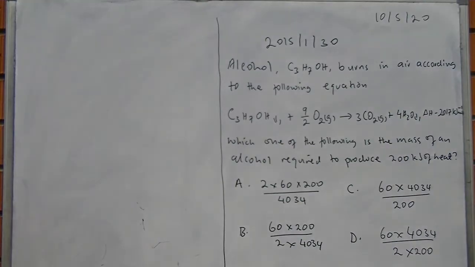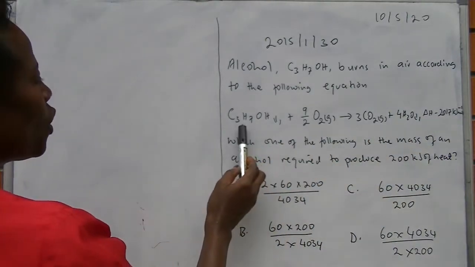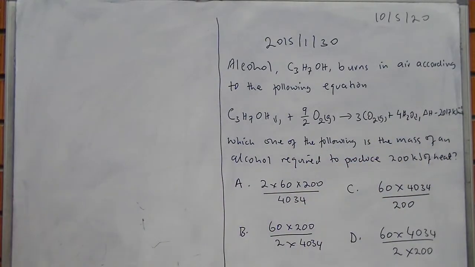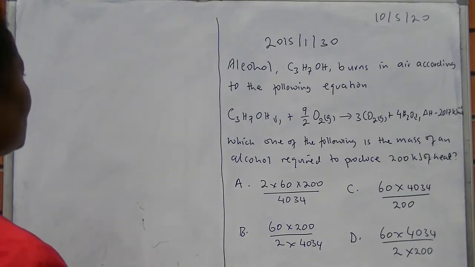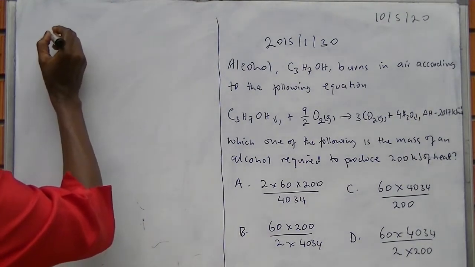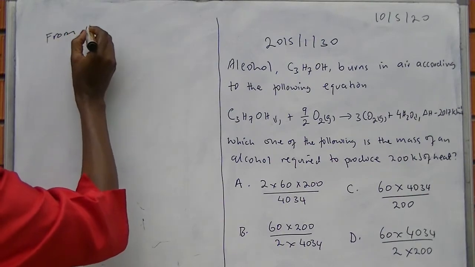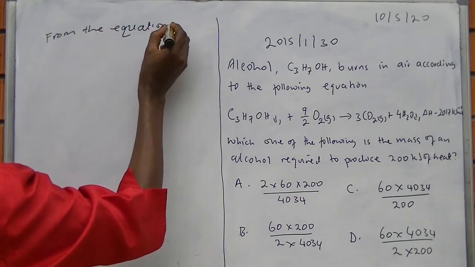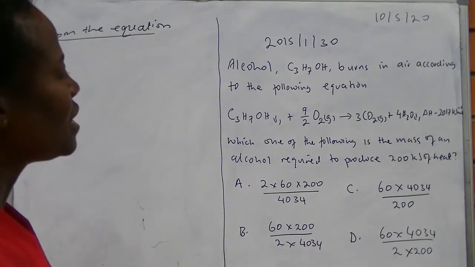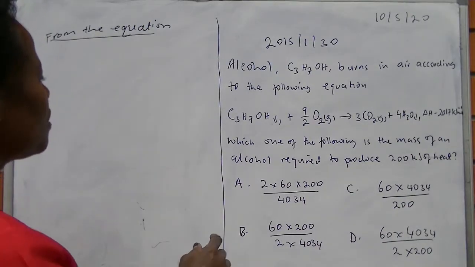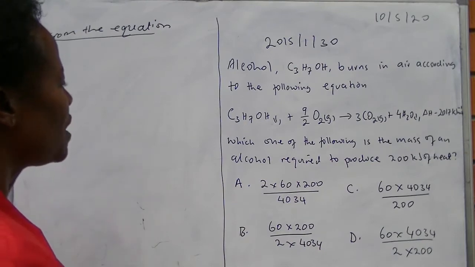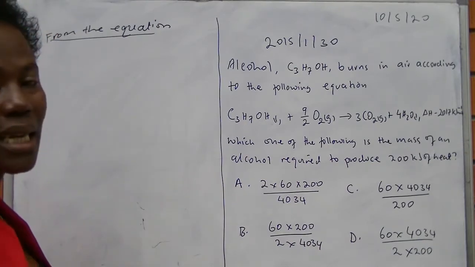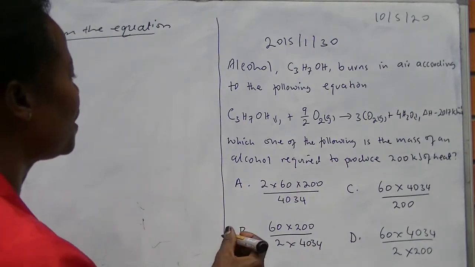Now we are told that each mole of the alcohol produces 2,017 kilojoules. So from the equation, 2,017 kilojoules of heat is produced by 1 mole of the alcohol. Since they want mass, we go directly to the molecular mass of the alcohol.